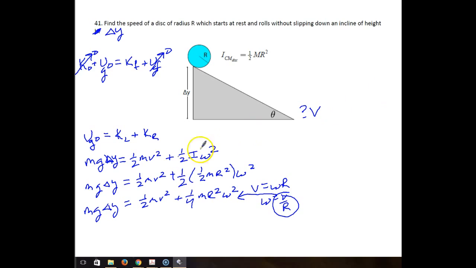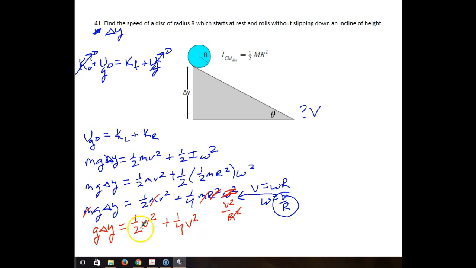While I do that, I'm also going to get rid of my m's, since there are m's all the way across. So this is now g times the change in height is equal to 1/2 of the velocity squared plus 1/4 r squared times v squared over r squared. Notice your r squareds now cross off, and we have 1/4 the velocity squared.